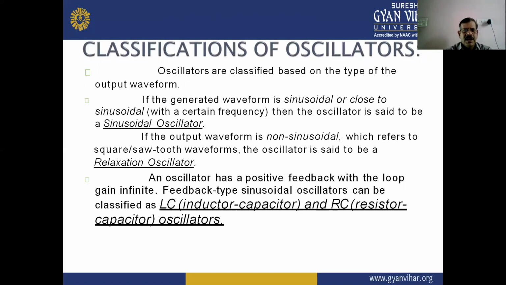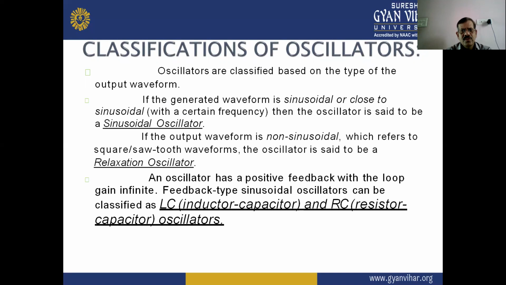Next, classifications of oscillators. Oscillators are classified based on the type of output waveform. If the generated waveform is sinusoidal or close to sinusoidal with a certain frequency, then the oscillator is said to be a sinusoidal oscillator.